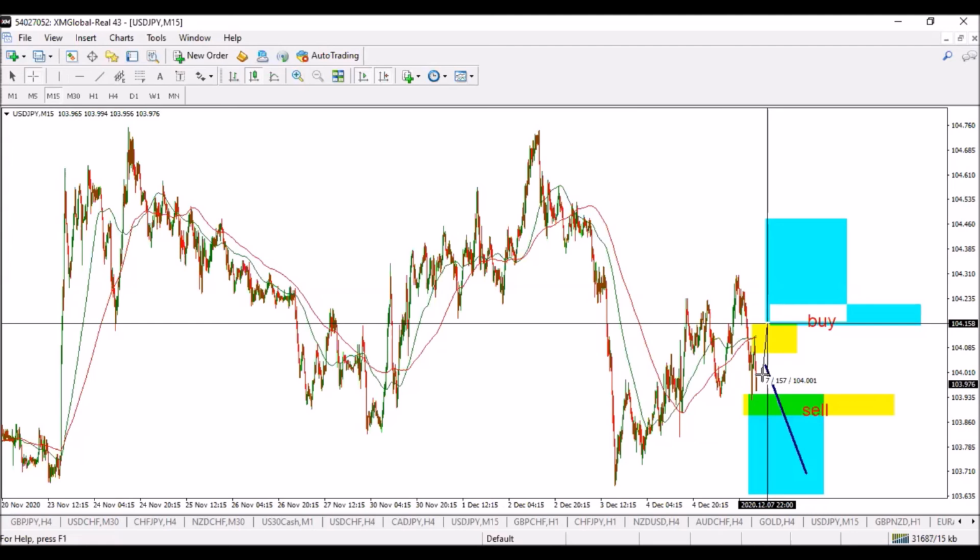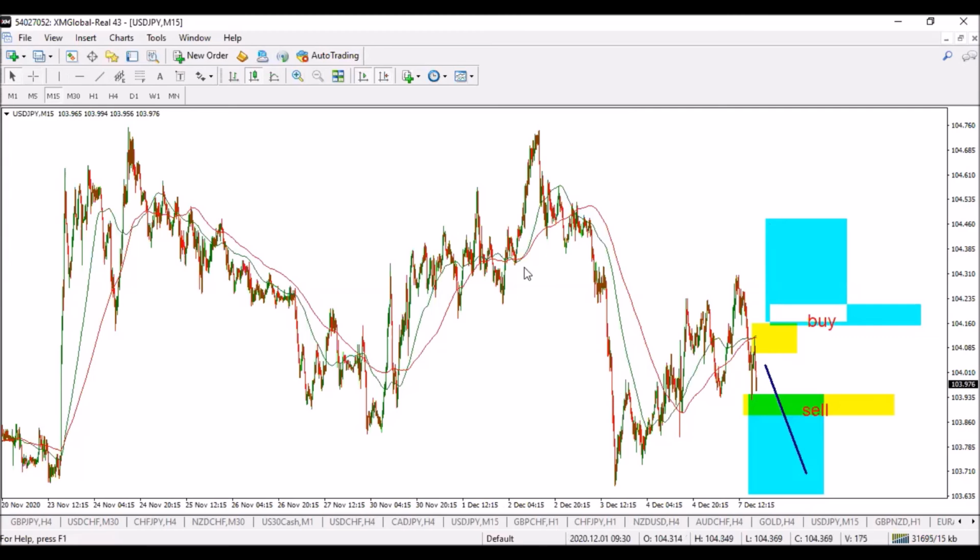As long as it has reached here, then your stop loss is somewhere here. That's basically it when it comes to this. So yeah, we just wait. Remember, Forex is more about waiting for a good setup, not just trading all the time.